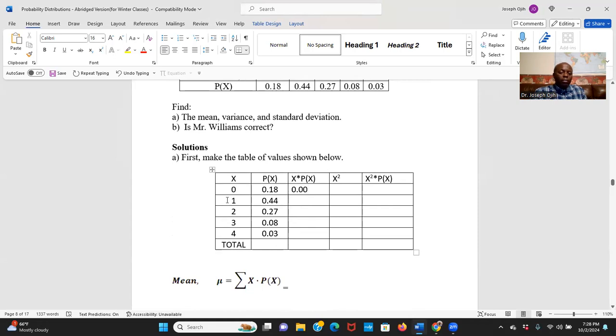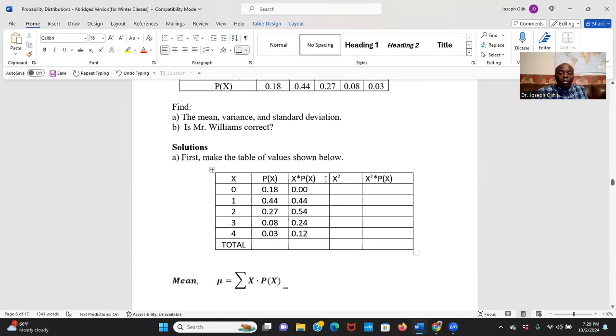Now 1 times 0.44 is 0.44. 2 times 0.27, you can verify this with the calculator, is 0.54. I got the rest of them as 0.24 and, for 4 times 0.03, 0.12. You can verify this with your calculator when you get the chance.